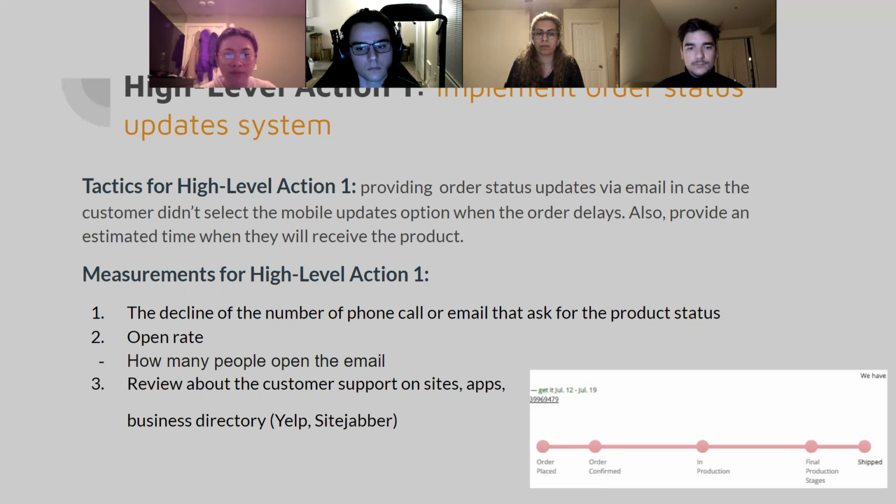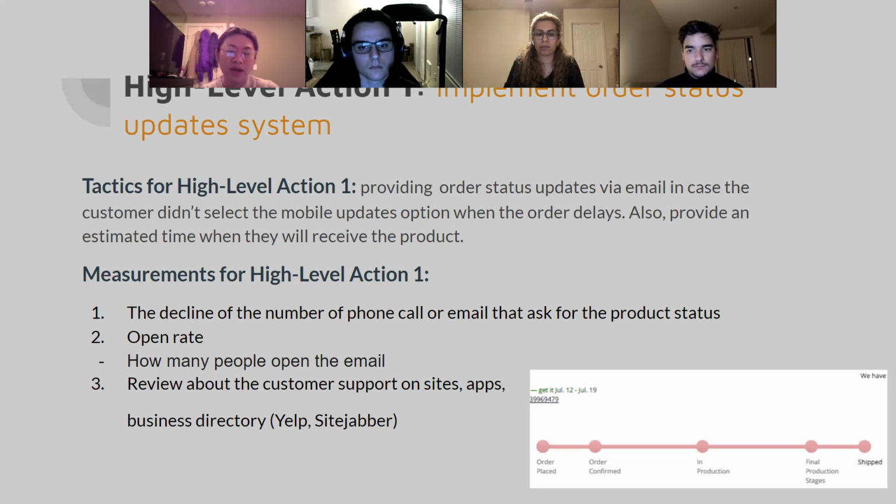For the measurements for this high-level action, first, we want to look at the decline of the number of phone calls or emails that ask for the product status. Second, we want to look at the open rate for the email. How many people open the email to check the information.